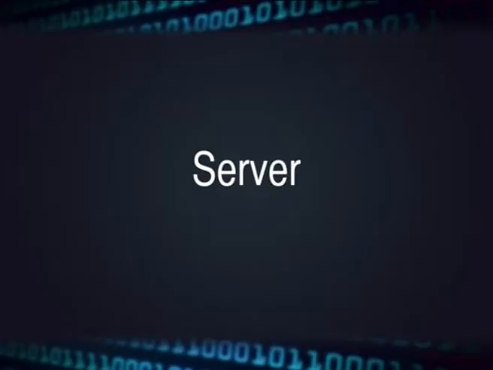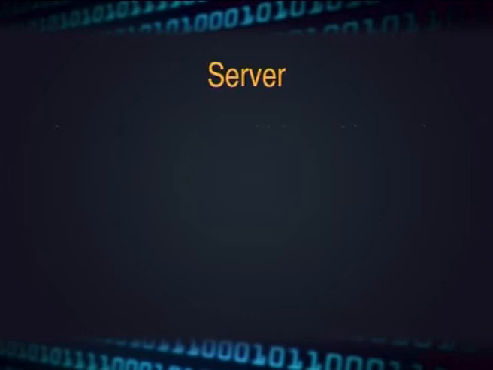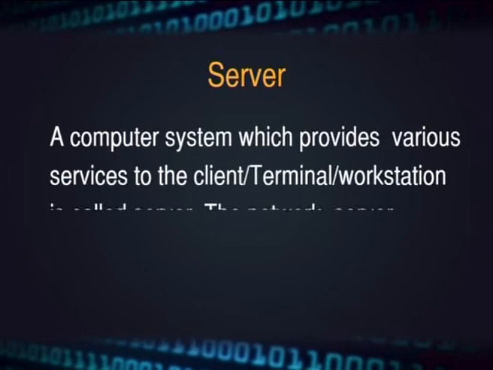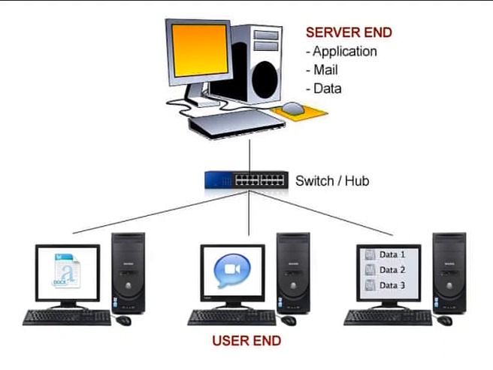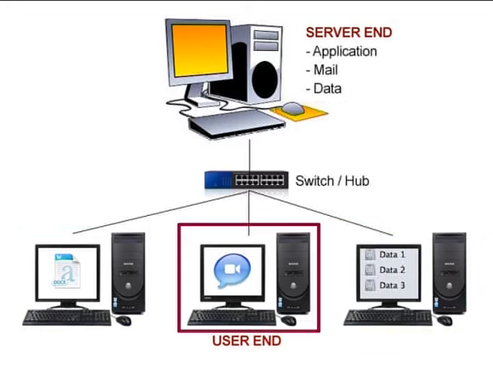Then we have something called a server. A computer system which provides various services to the workstation is called server. The network server simultaneously responds to all requests from several network users. For example, one can load a word processor program to one workstation, receive a database file from another workstation, and store an email message at the same time.